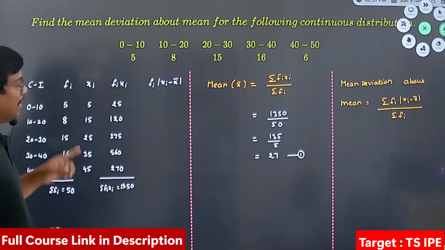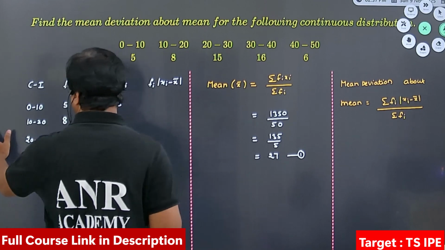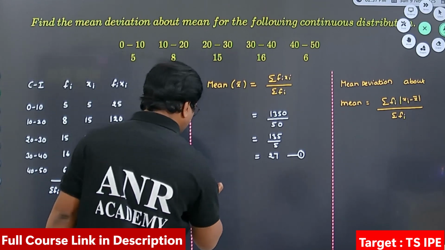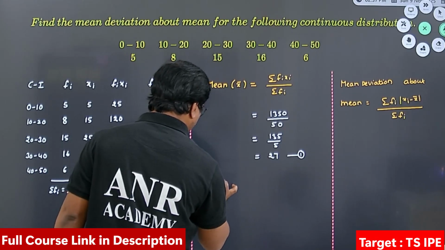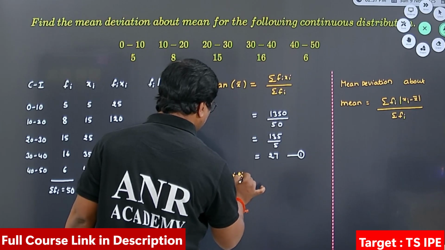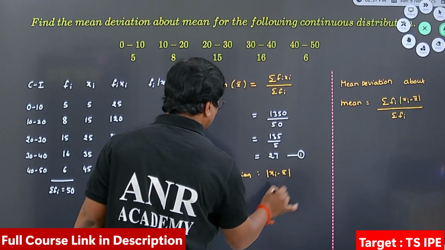Next, Fi times xi minus mean. Here I am going to write absolute deviations. Absolute deviations are found using the formula modulus xi minus mean.